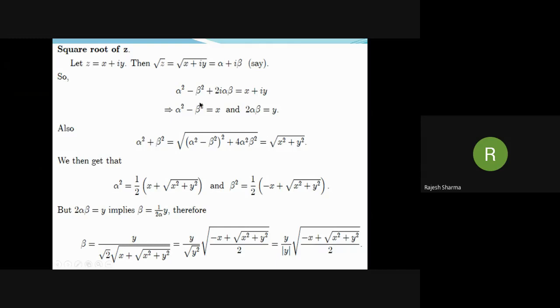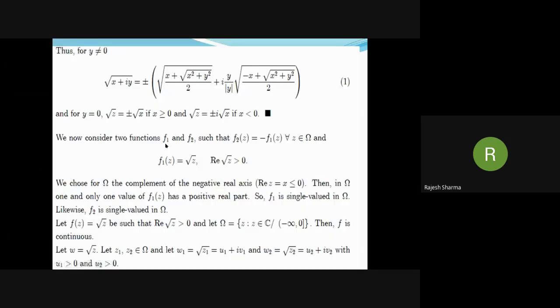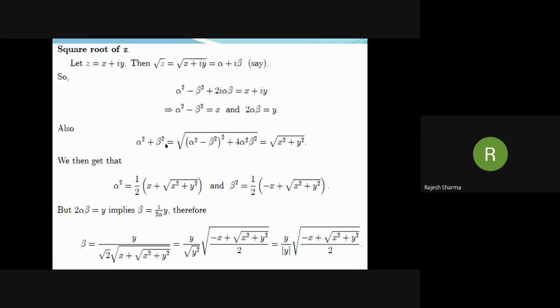Now from these two equations, if we add these two and divide by 2, we get alpha square is equal to half of x plus under root x square plus y square. Now subtract this equation from this equation and divide by 2. We get beta square is equal to half of minus x plus under root x square plus y square.